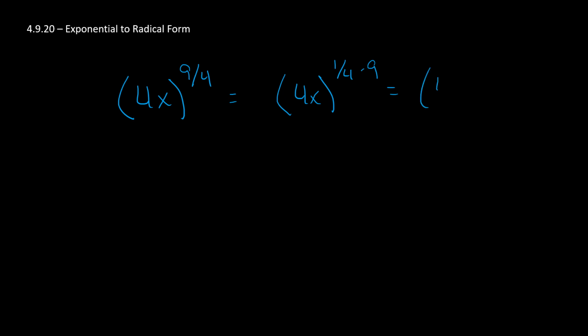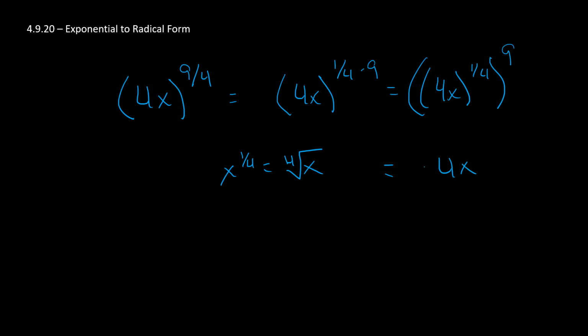You guys already know that's going to be 4x to the 1/4 power. We apply our power rule to raise it to the 9th. If we're raising it to the 1/4 power, that is equivalent to the 4th root. So we'll say the 4th root of 4x, to the power of 9.